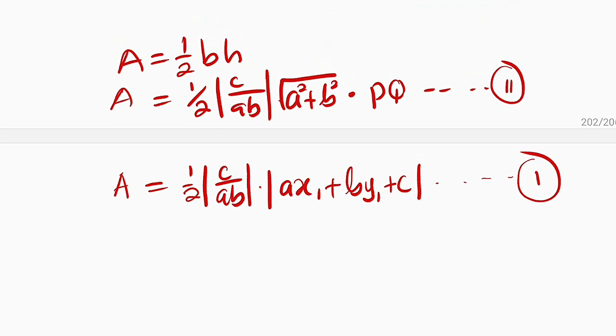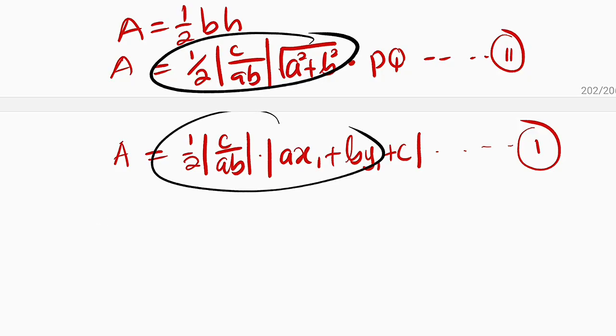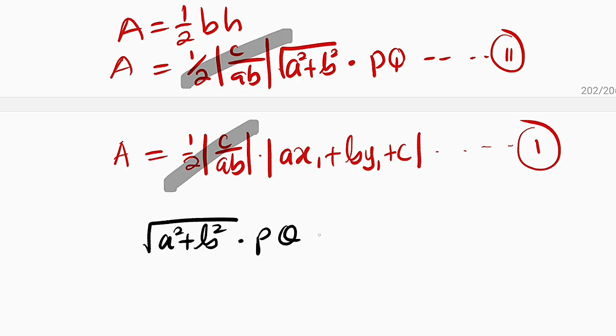So you can see that we have two areas of triangle, and we are going to equate them. Equation 1 equal to equation 2. So since this is equal to something, equal to another thing, it means that the right hand sides must be the same, right? If the right hand sides are the same, if you take this one, equate it to be equal to this one, just pay close attention that this and this will cancel. What we have equal is square root of a squared plus b squared times pq equals the absolute value of ax1 plus by1 plus c.